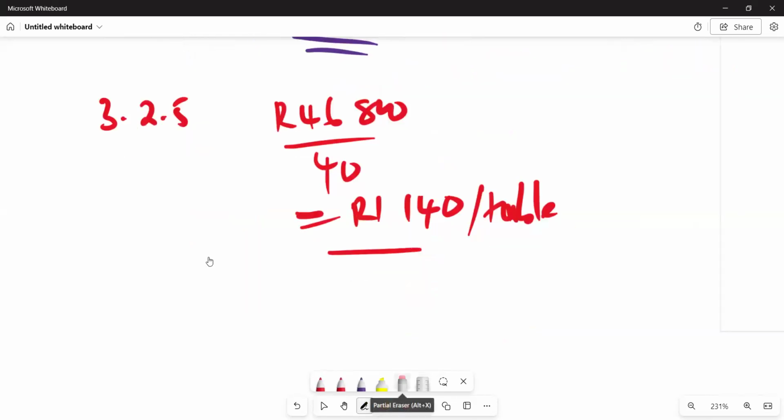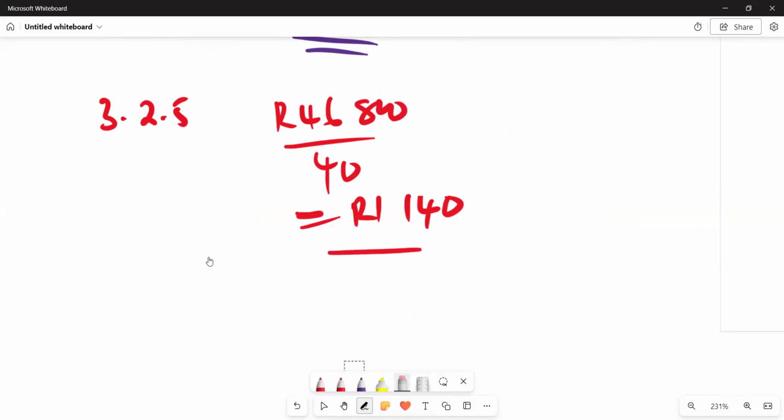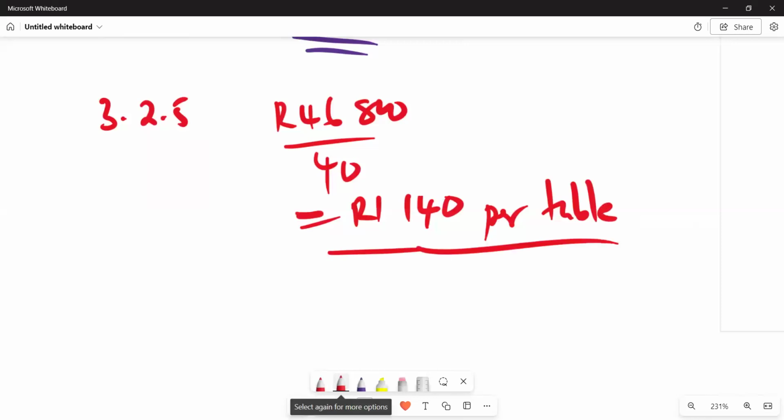Remember, we express the answer in terms of the table. This is the final calculation that we have.